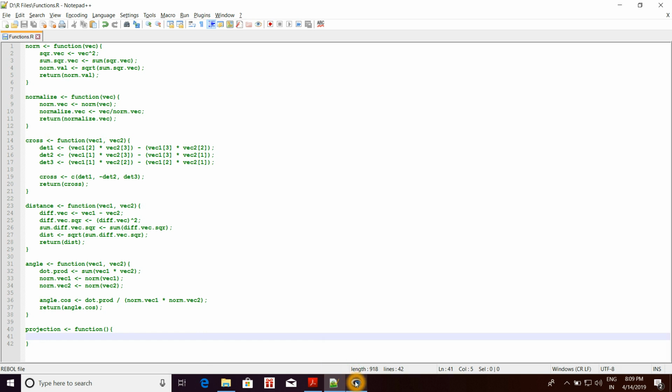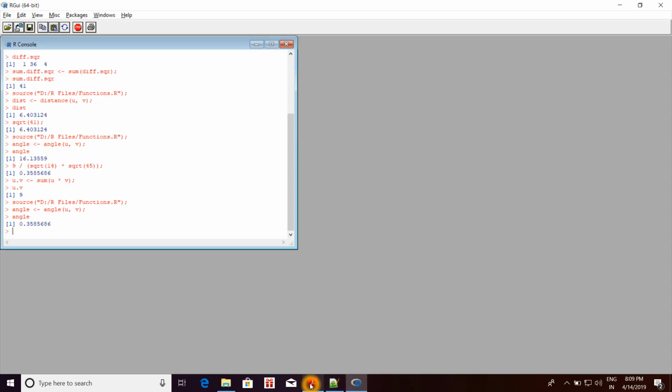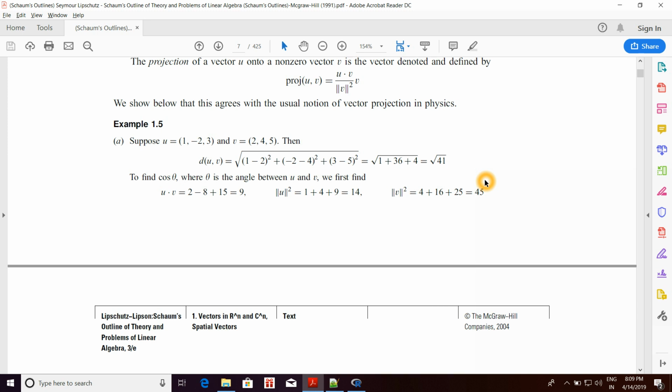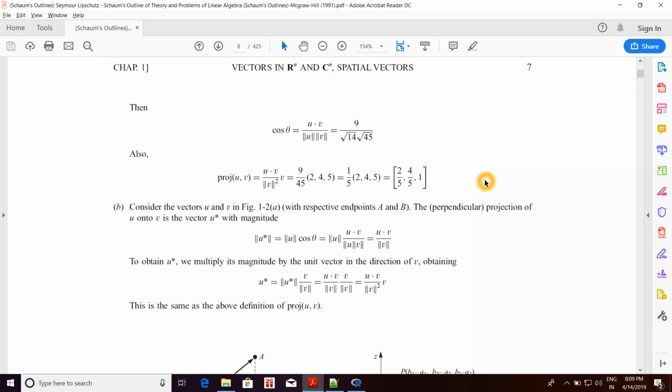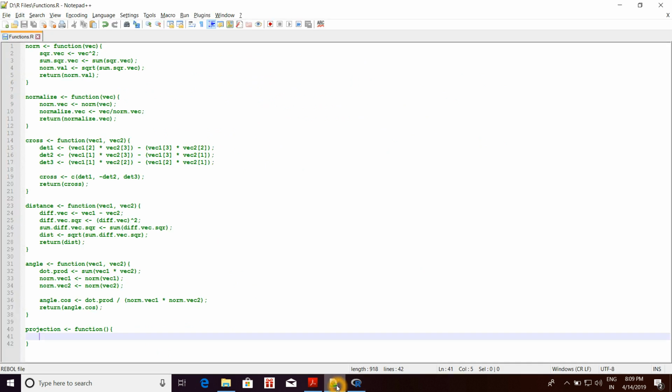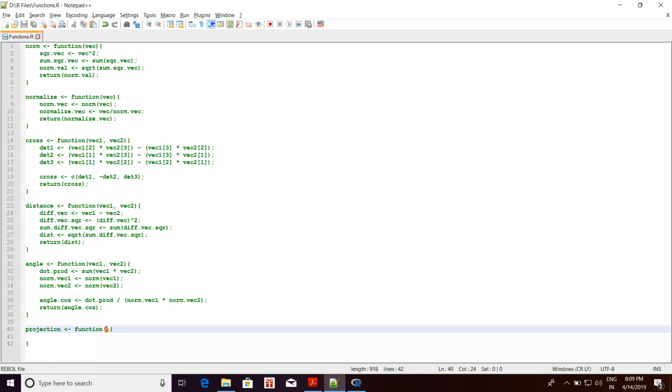In projection we need a dot product and the square of vec2. So it will be vec1 and vec2.